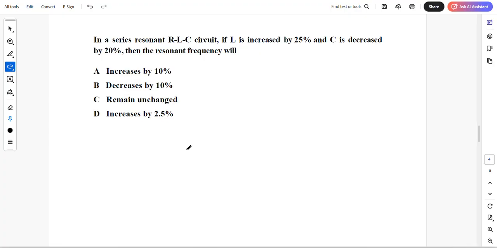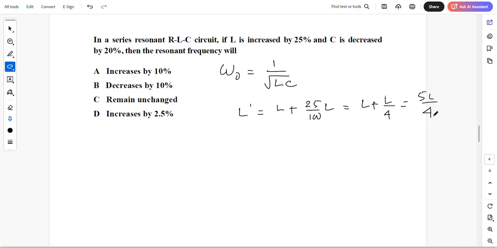What they are asking here: in a series resonant RLC circuit, if L is increased, we know that omega naught is equal to 1 by root of LC. Now if L is increased by 25%, let us say L dash is equal to L plus 25 by 100 into L, that is L plus L by 4, which is equal to 5L by 4.